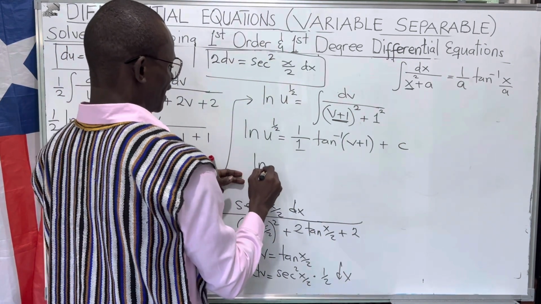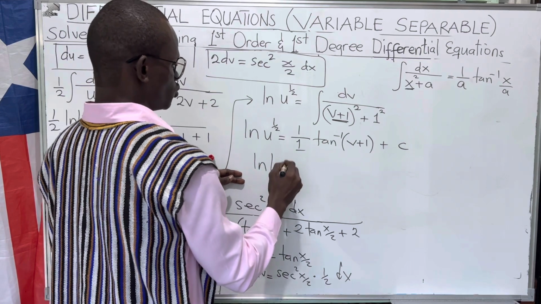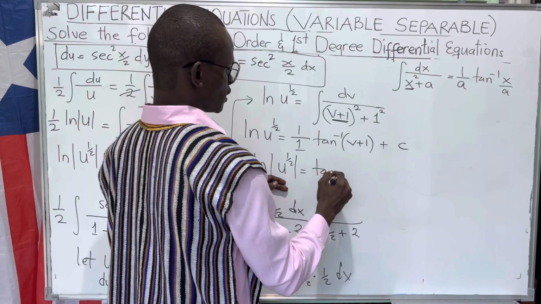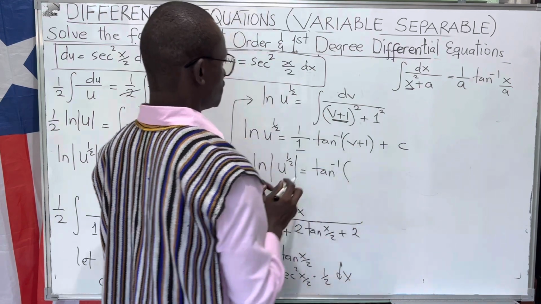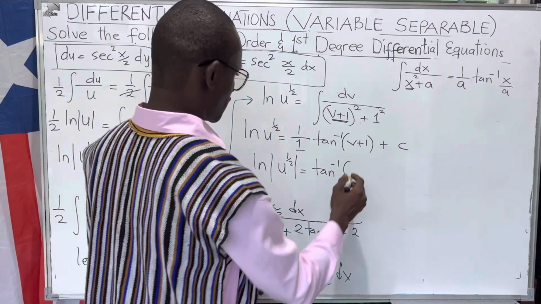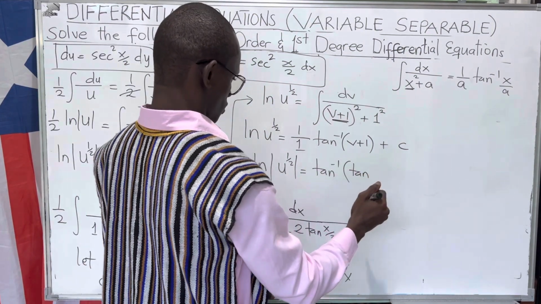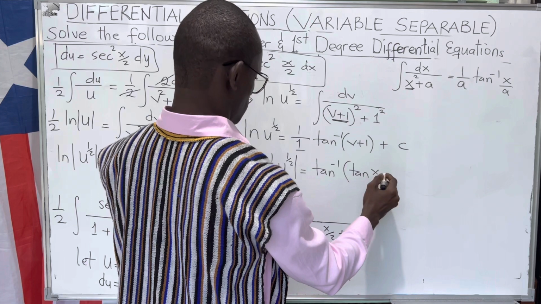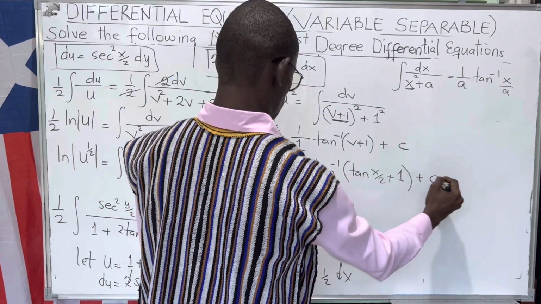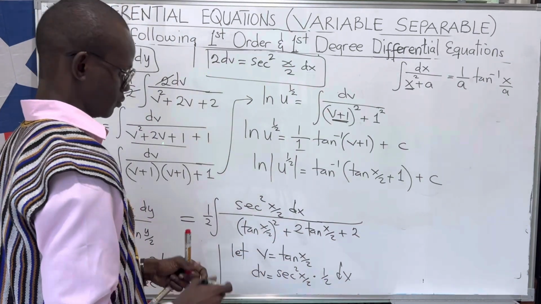So now we have the ln of u raised to the power half equals tangent inverse of, what is v? v initially was tangent of x over 2, plus 1, plus some arbitrary constant c.